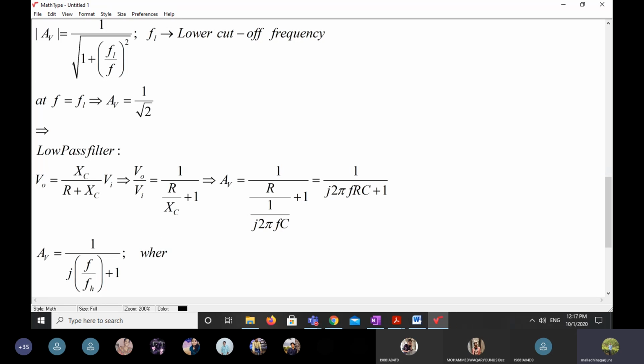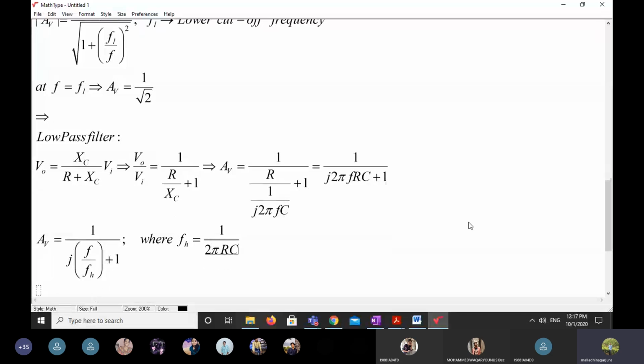Where FH equals 1 by 2 pi R C. If you substitute here, you will get the same term.